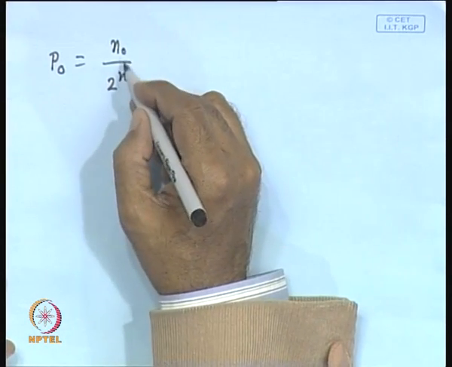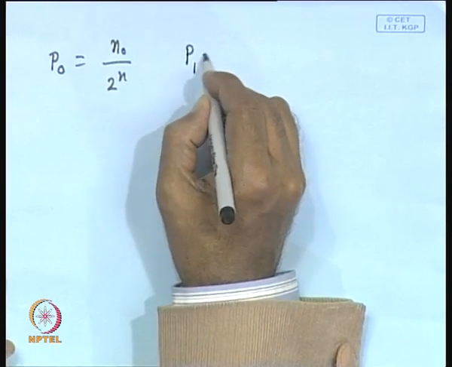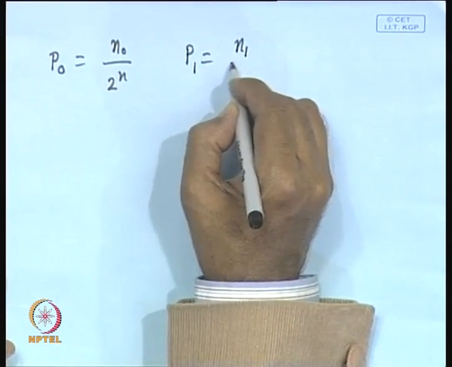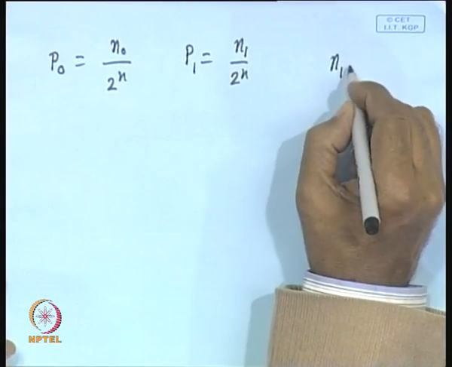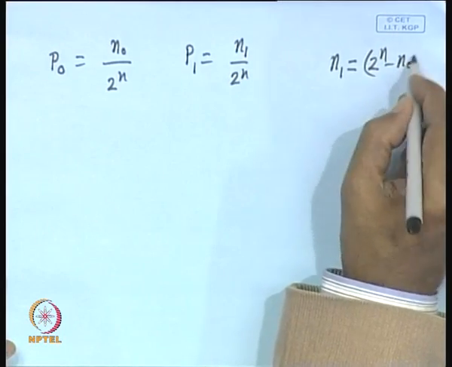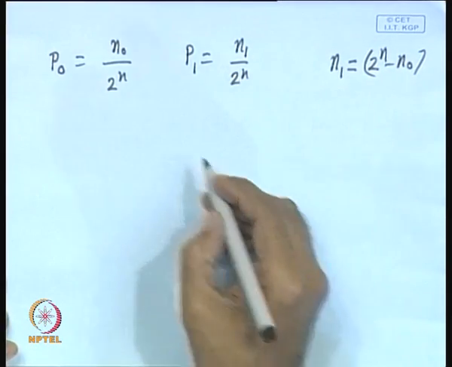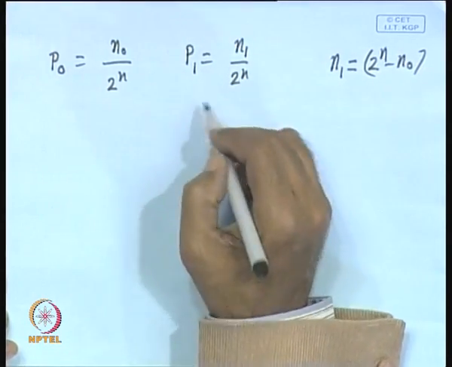So P0 is equal to n0 by 2 to the power n, and P1 will be equal to n1 by 2 to the power n, and obviously n1 will be equal to 2 to the power n minus n0, because they are related. When the output is not 0, it will be 1.